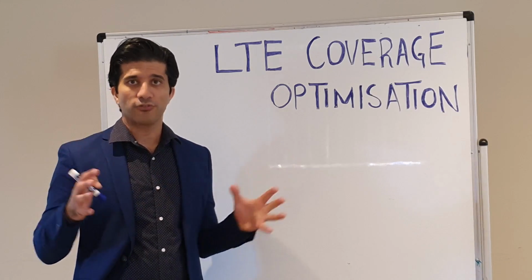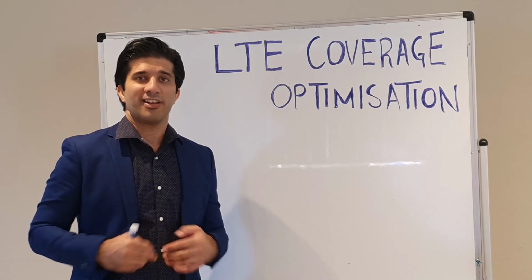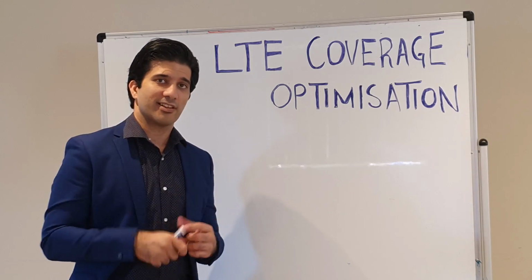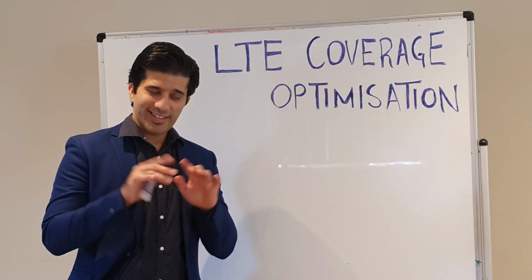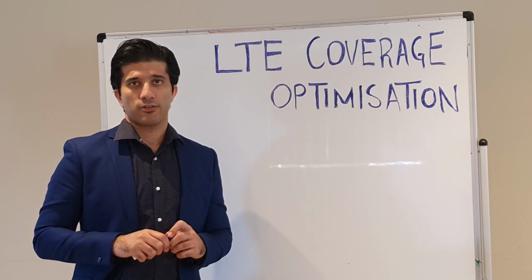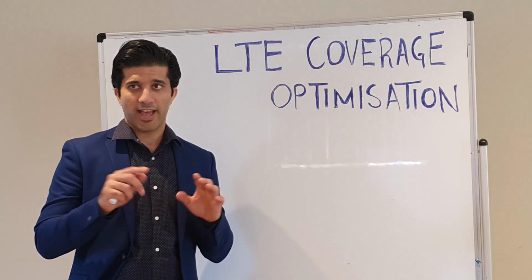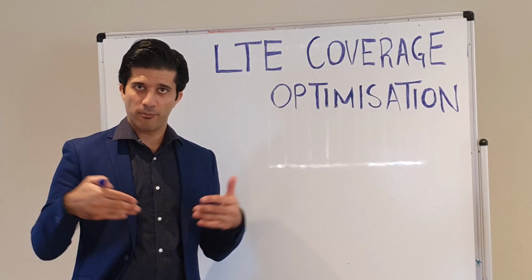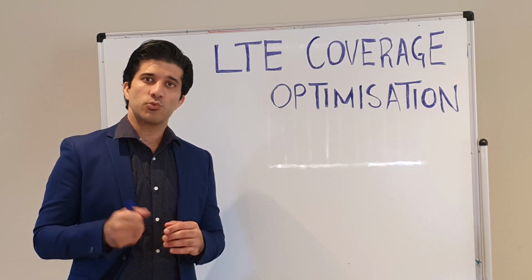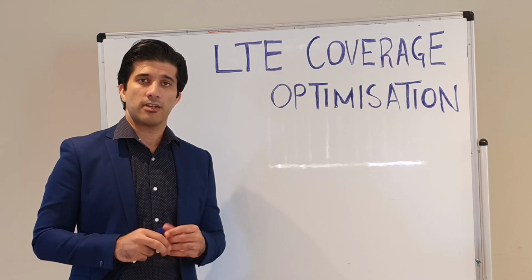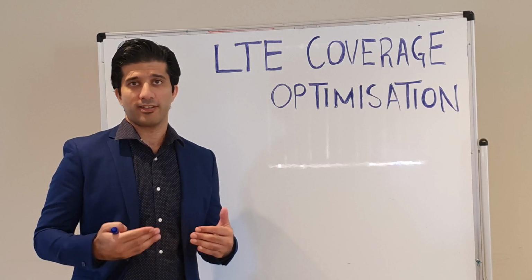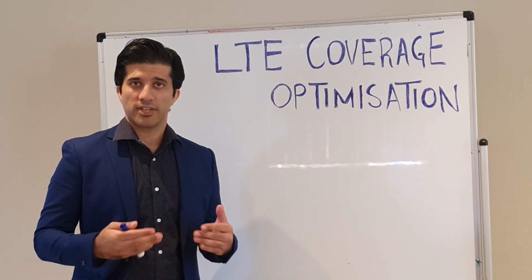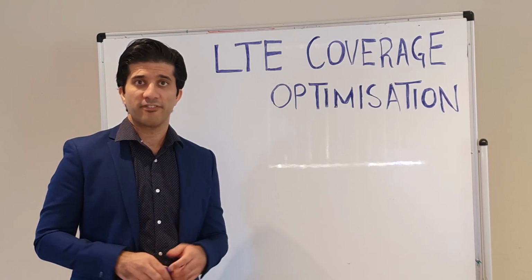So there's a lot of, you can say, pilot pollution, and the reference signals from different cells are within a certain range. You can have strong signals from a number of E node Bs, and this will result in downlink interference, and in the end will result in low throughput, and sometimes it can even result in radio link failure as well.